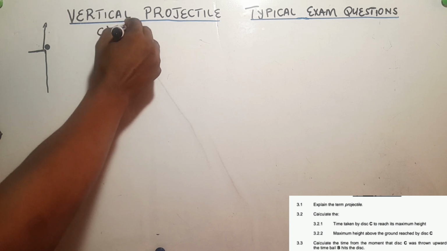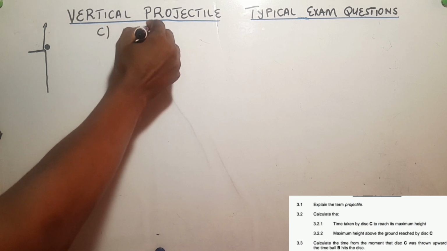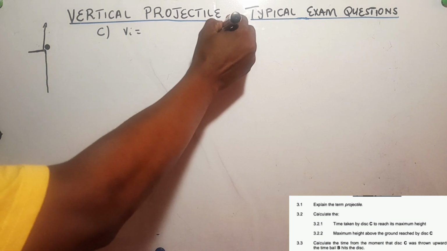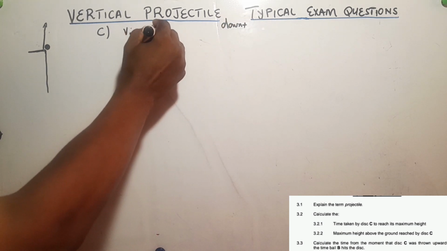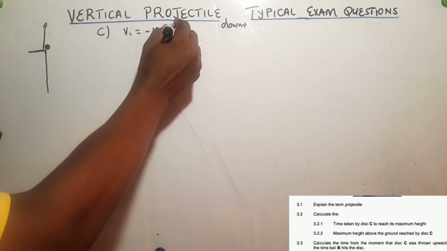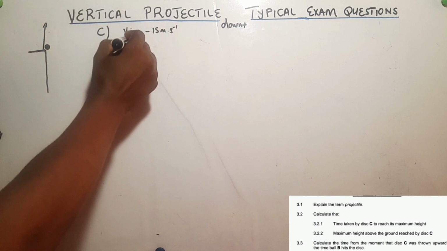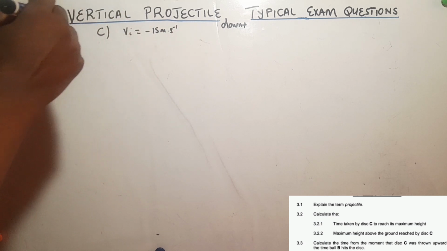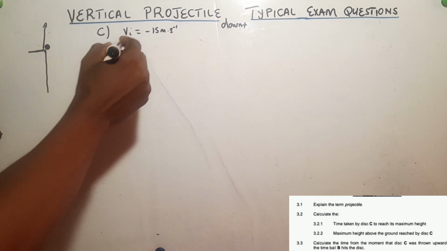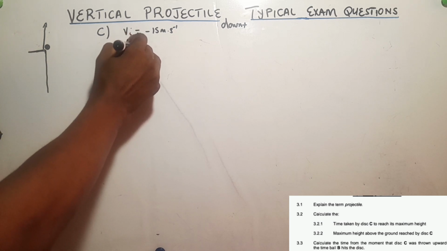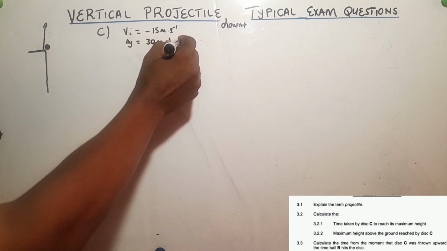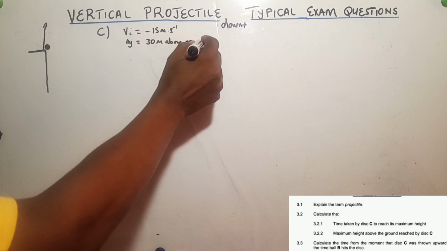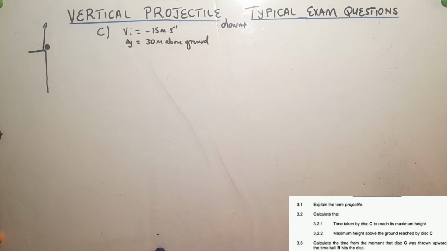We have the initial velocity of C as 15, but since I said in these videos I'm going to take down as positive, this will be negative 15 meters per second since it's going up. And we know that it is at a height of 30 meters above the ground.